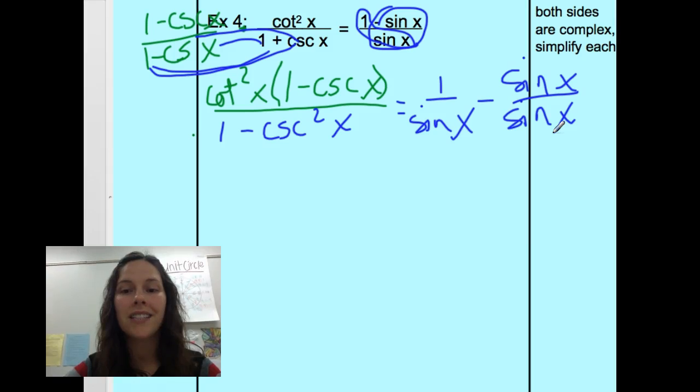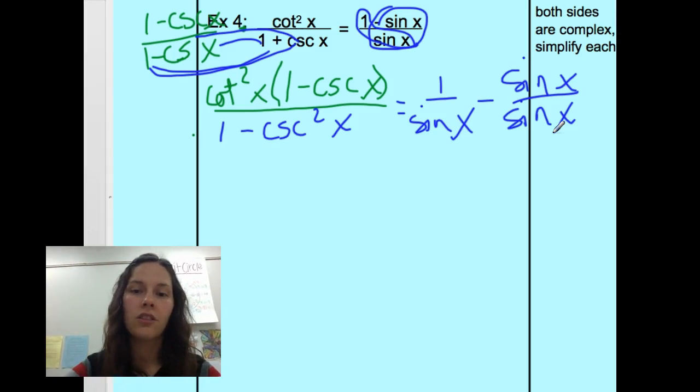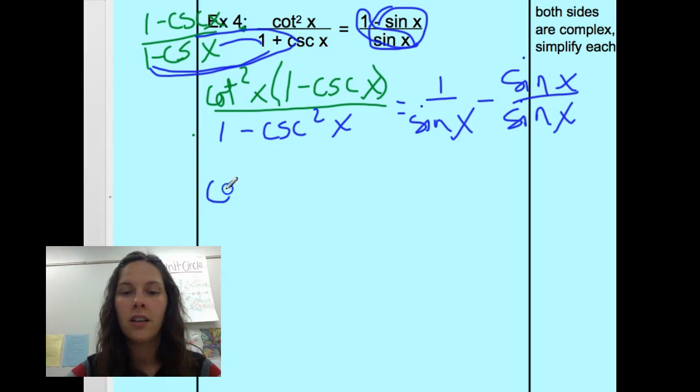Back to the left-hand side, that denominator is one of our Pythagorean identities. 1 plus cotangent squared equals cosecant squared. So when we rearrange this one, it actually equals the negative cotangent squared in the denominator.